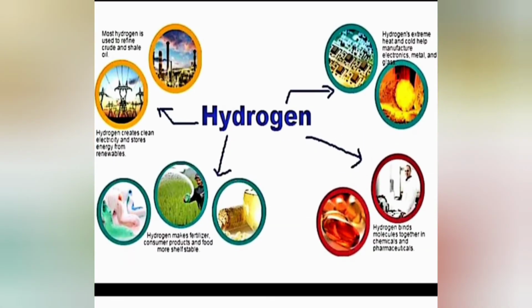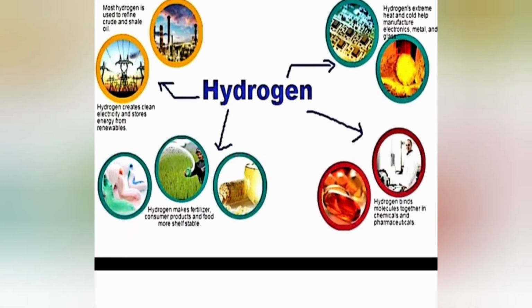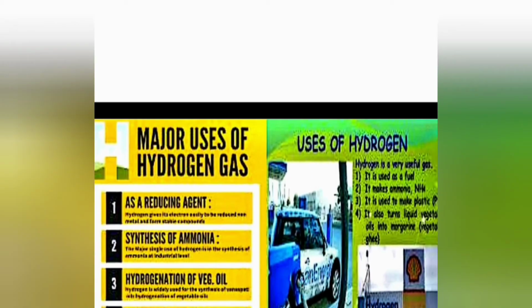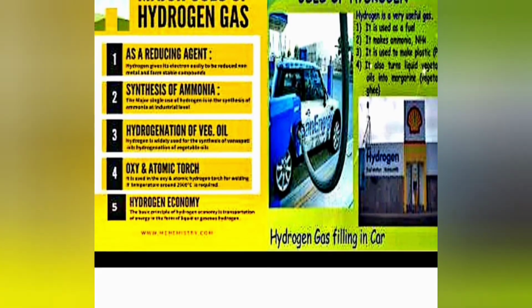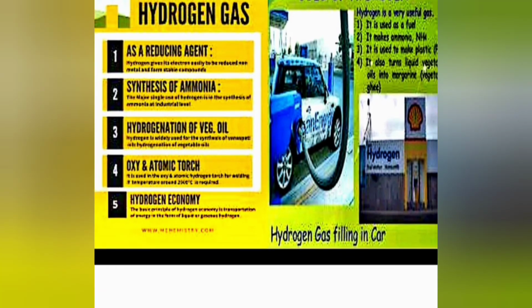Here is the pictorial representation of hydrogen gas. This is an important gas. How beautifully it is shown here. You can see them. This is another way. See the major uses. First, hydrogen is used as a reducing agent.